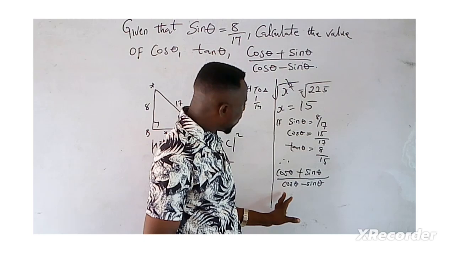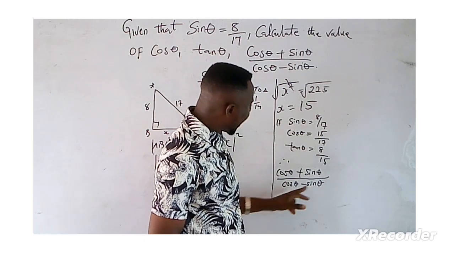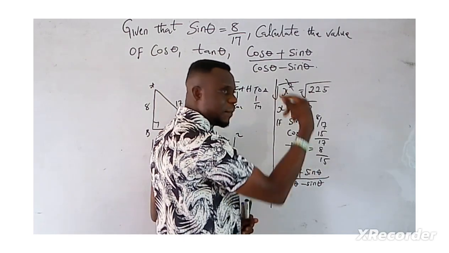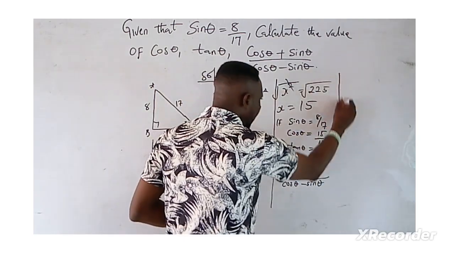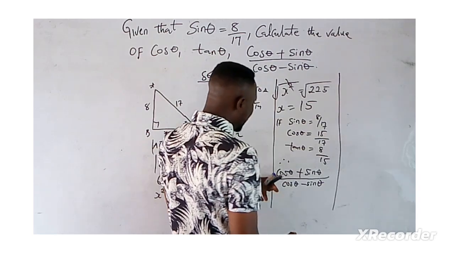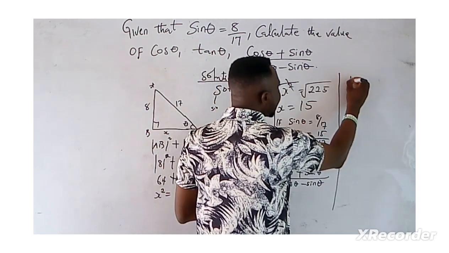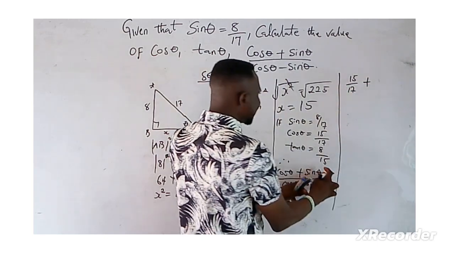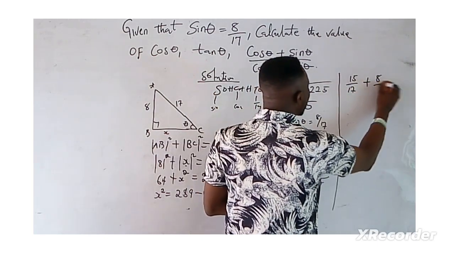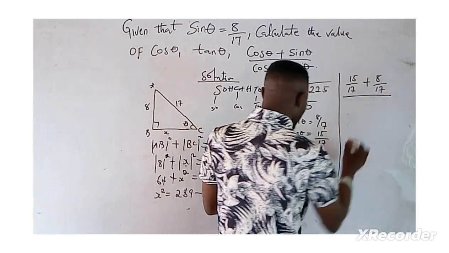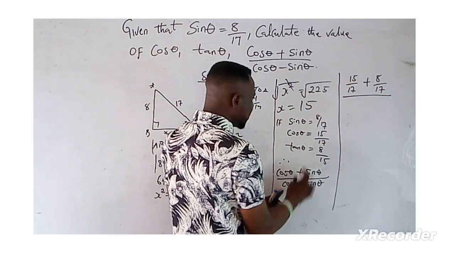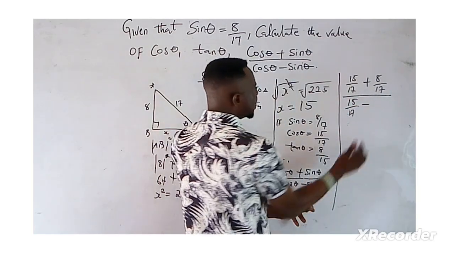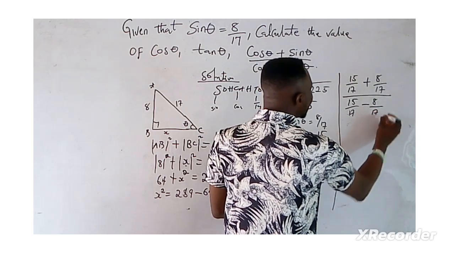So cos theta plus sin theta becomes 15 over 17 plus 8 over 17, all over 15 over 17 minus 8 over 17.